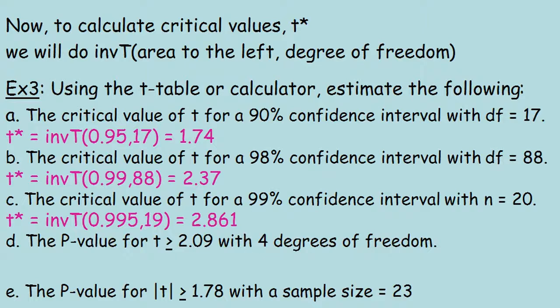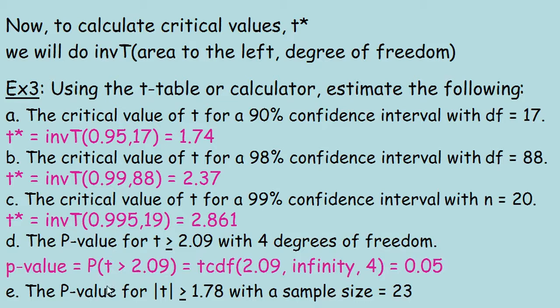That should give you your critical value t star, 2.86. And then you also need to practice finding p-values that involve a t-distribution. So now we need to find p-values using the TCDF. On letter D, find the p-value if your t-score is greater than or equal to 2.09 with 4 degrees of freedom. It's called a TCDF on your calculator.